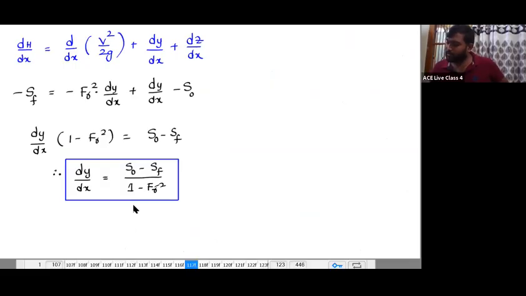Now, based upon this dy by dx equation, see, why I am giving this derivation is because without knowing this one, you cannot predict the behavior.